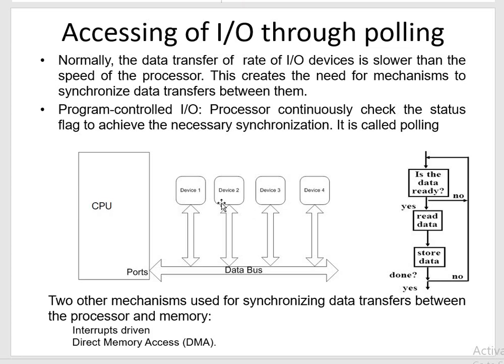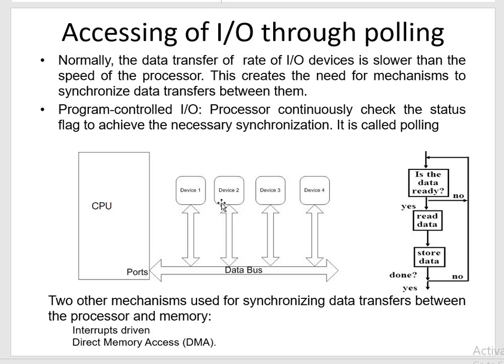The other two mechanisms used to synchronize the data transfers between the processor and memory are interrupt driven and, third, direct memory access. In the interrupt driven case, it is the responsibility of the I/O device to send a request to the CPU whenever the data is ready within that device.